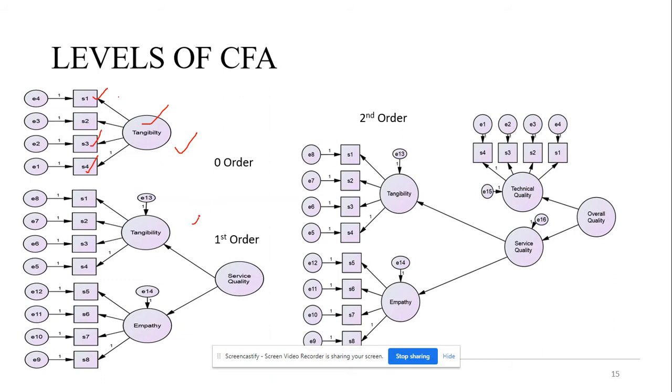This is first order CFA, where you see two latent variables, and there's a relationship between them. As I told you, whenever there is an arrow coming into any variable, any construct, it must have an error term. So this arrow coming in, there is an error term here.